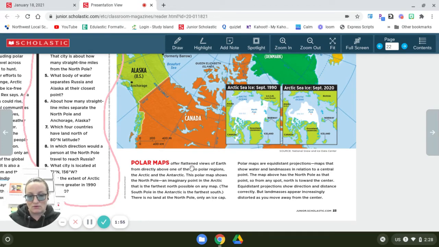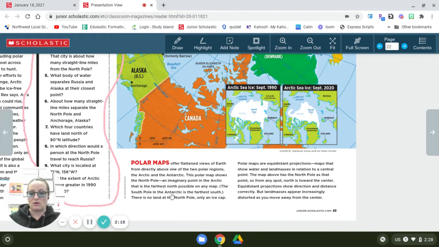Polar maps offer flattened views of Earth from directly above one of the two polar regions, the Arctic and the Antarctic. This polar map shows the North Pole, an imaginary point in the Arctic that is the farthest north possible on any map.